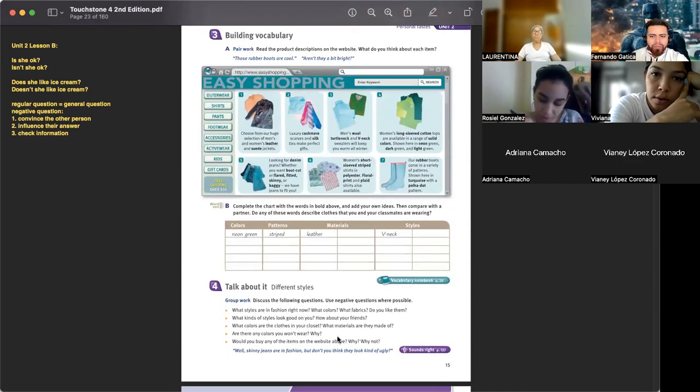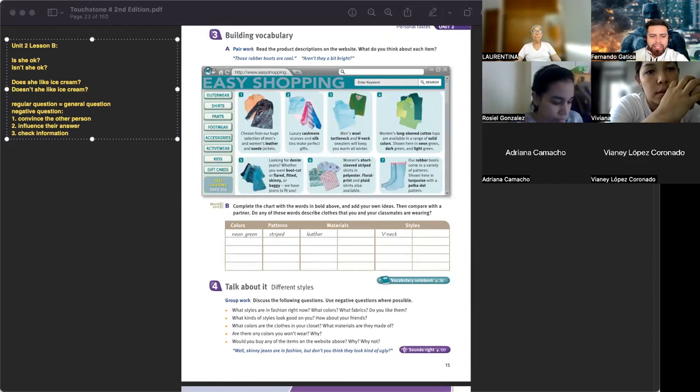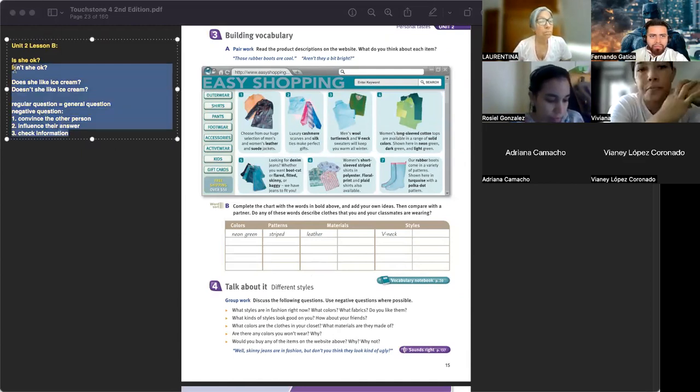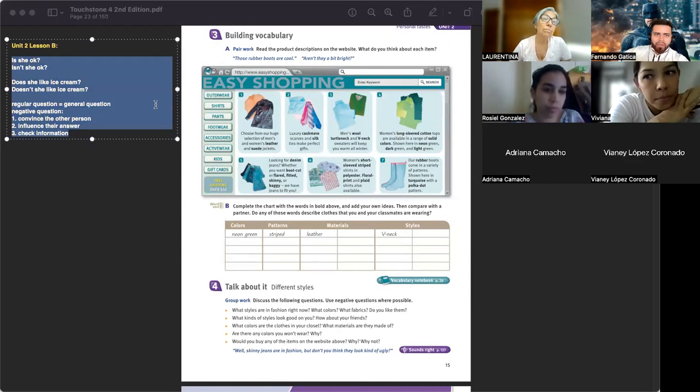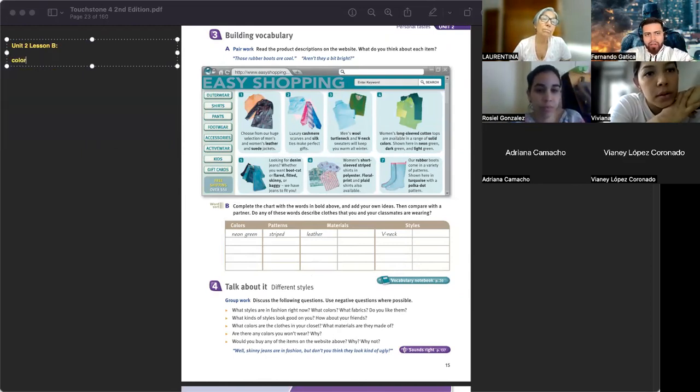In this lesson, we also practiced some vocabulary for clothing, but let me explain something that I think is really important. For color, can you give me some examples of colors?